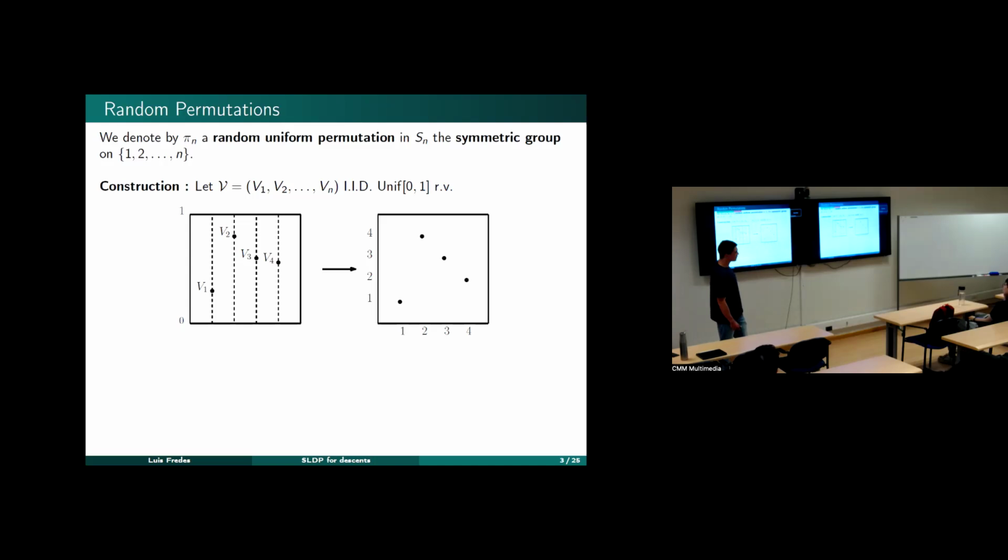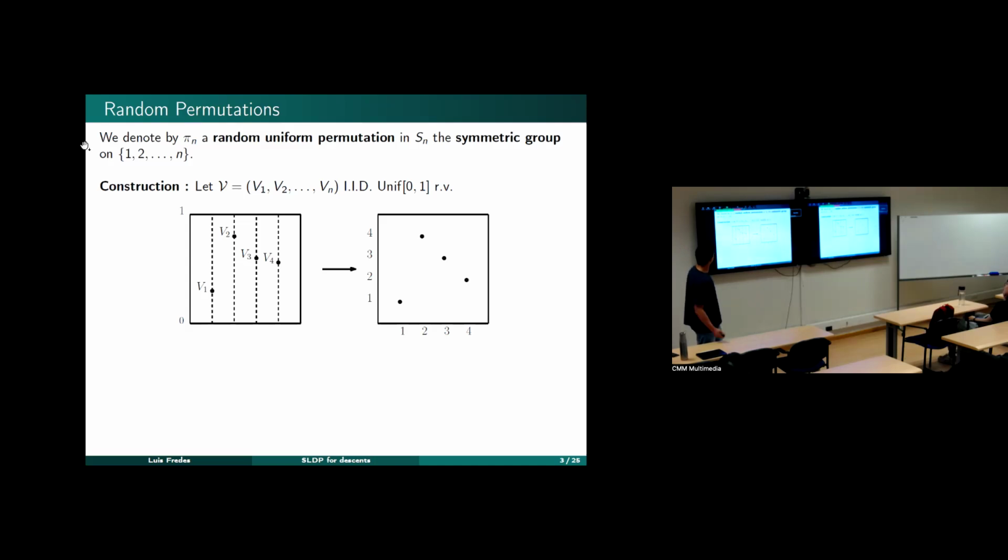This is something more general than uniform random variables, because it is only needed to have a distribution that is not atomic, since the variables are exchangeable. I give you the construction with uniform, but keep in mind that it could be another one for your purposes. For me, it will be enough to consider uniform 0,1 random variables.